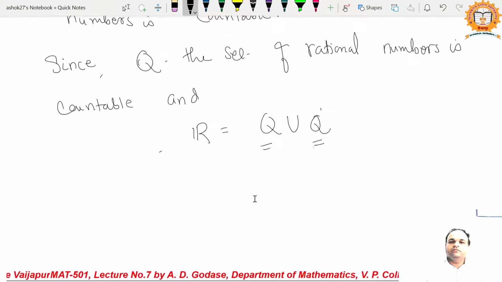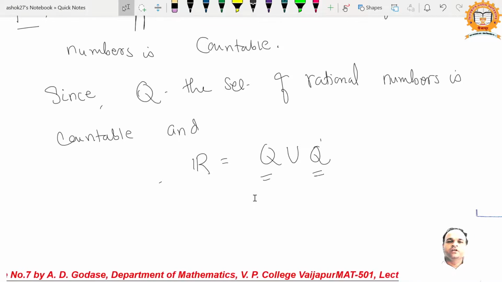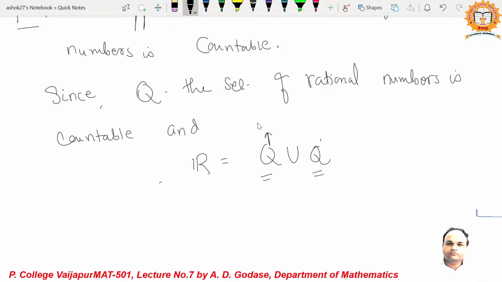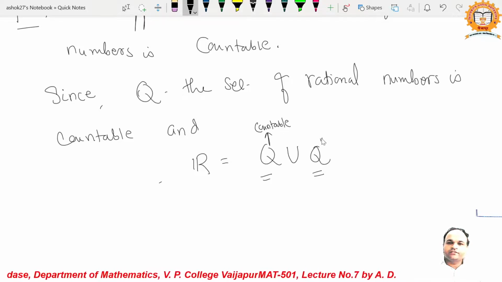Means you write the set of real numbers as a countable set union Q dash, which is also countable, that is our assumption.